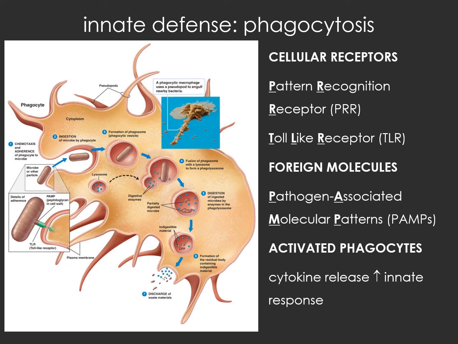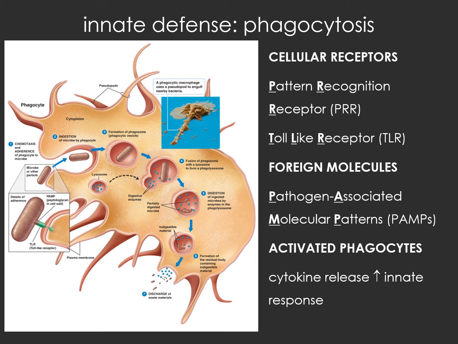Now, I've added the name of one particular kind of pattern recognition receptor here because it's one that your book uses as an example. And it's actually the one that's given as an example here, and that is the toll-like receptor. So the toll-like receptor, which is pictured in the inset of this diagram here, is a pattern recognition receptor, which is on the phagocyte and is capable of binding a pathogen pattern.